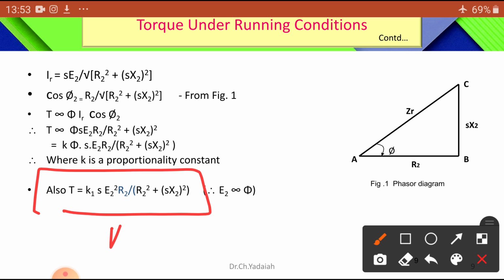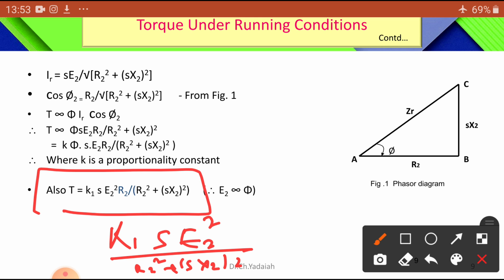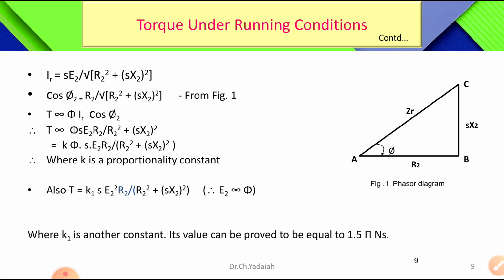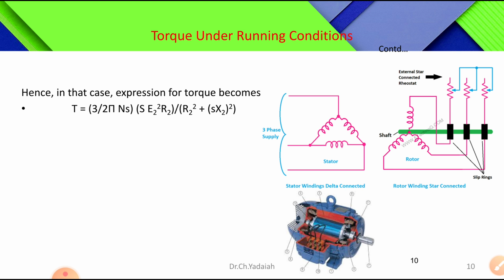K1, the proportional constant, times S times E2 whole square, divided by R2 whole square plus S x2 whole square, into R2, is equal to the torque of the rotor under running condition at a slip of S. This 3 by 2 we already know, so we have seen all these things. Hence, the expression for the torque becomes this formula.